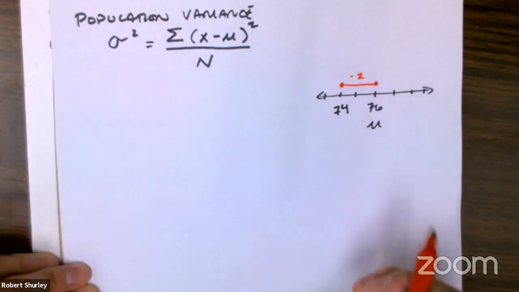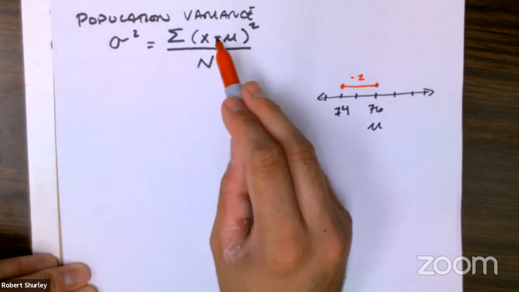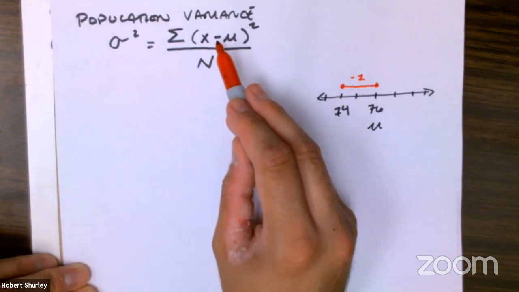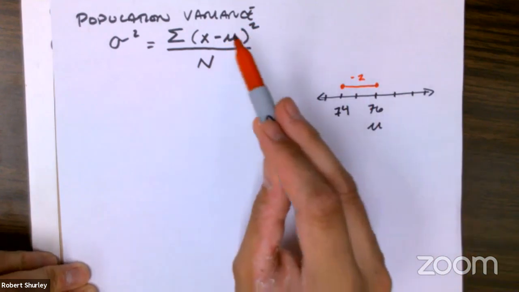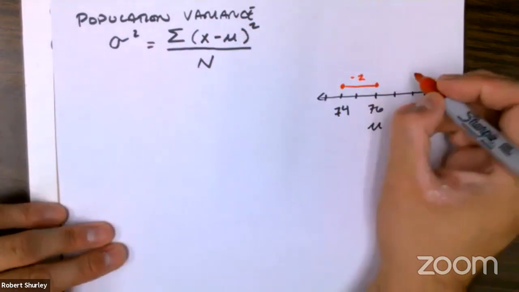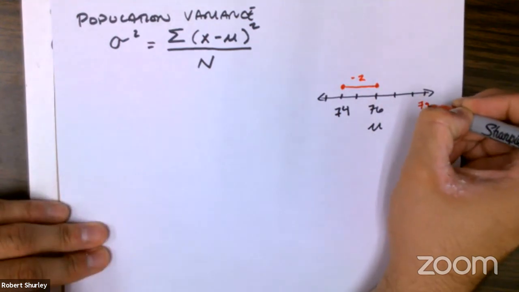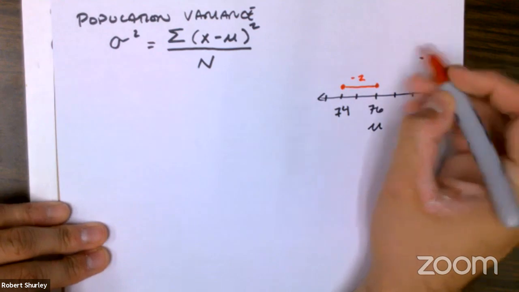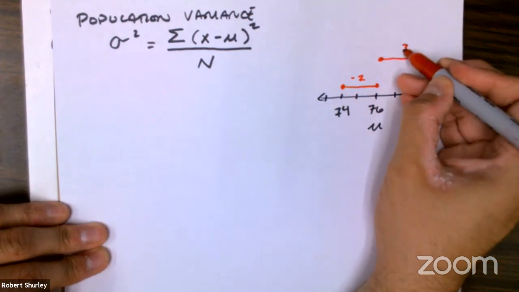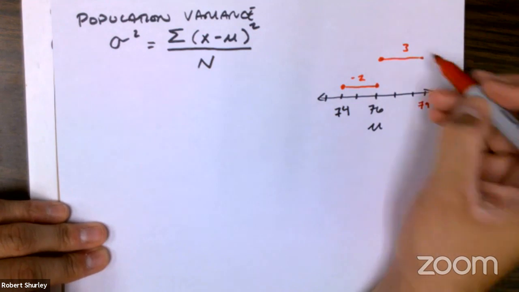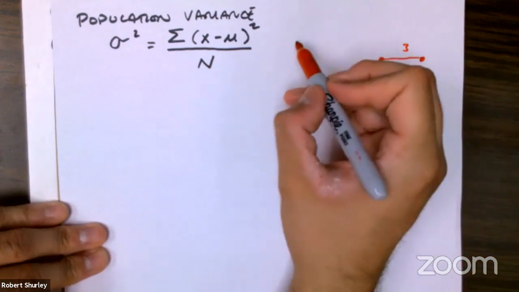It's 74 minus 76, -2. Then we square it, so we get a 4. And then we add all the variances. So think if we had another one, some other guy or gal made a 79, right? Their difference from the mean would be a +3, right? And then let's say someone else made like a 70 over here somewhere.